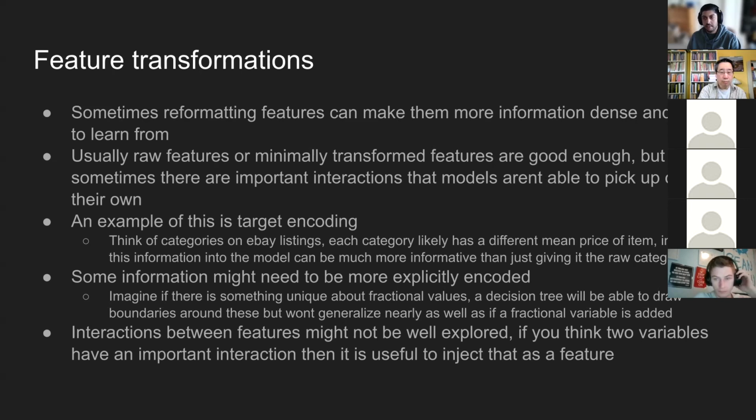But if something used to take 100 trees to represent, and you transform it to a different format so that it only takes one tree to capture the information you were trying to learn, then it will end up making you a more generalizable model. So I would say generally the best step is to start with the raw features, pass that to the model and see how it does, and then take a look at the data and understand maybe there's something you can represent in a slightly better way.